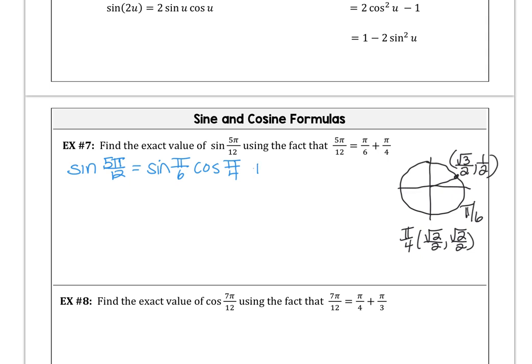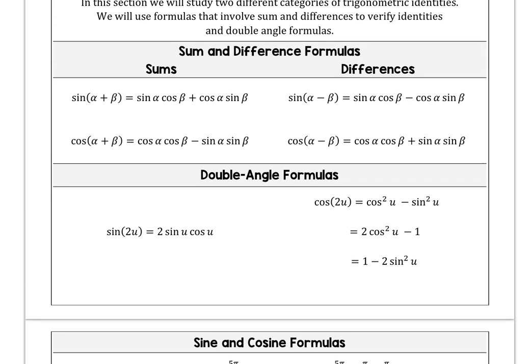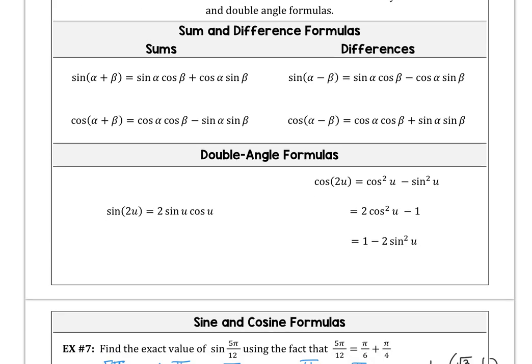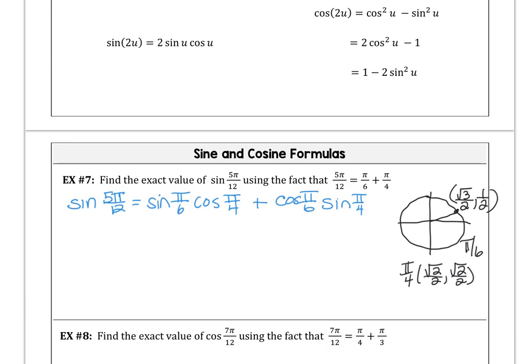Sine, cosine plus cosine of pi over 6 times sine of pi over 4. So just to recap, if I go back up here, we're using this rule here with the two angles that they gave us down here, pi over 6 and pi over 4.